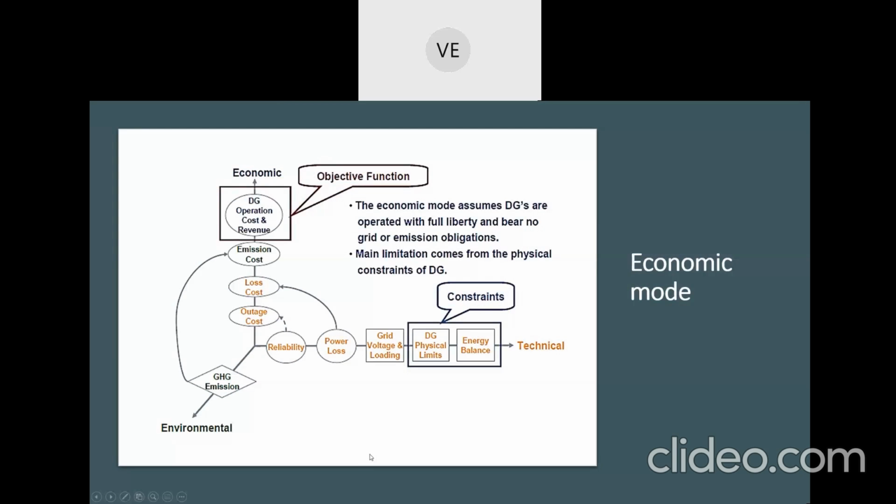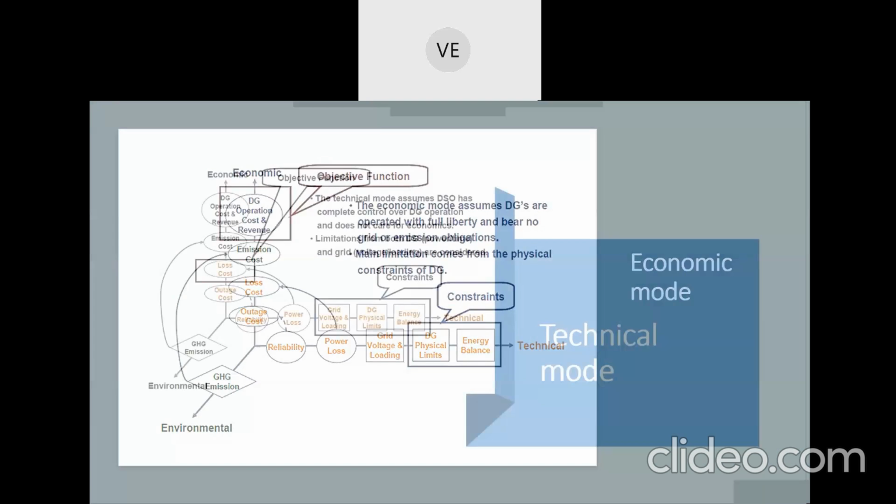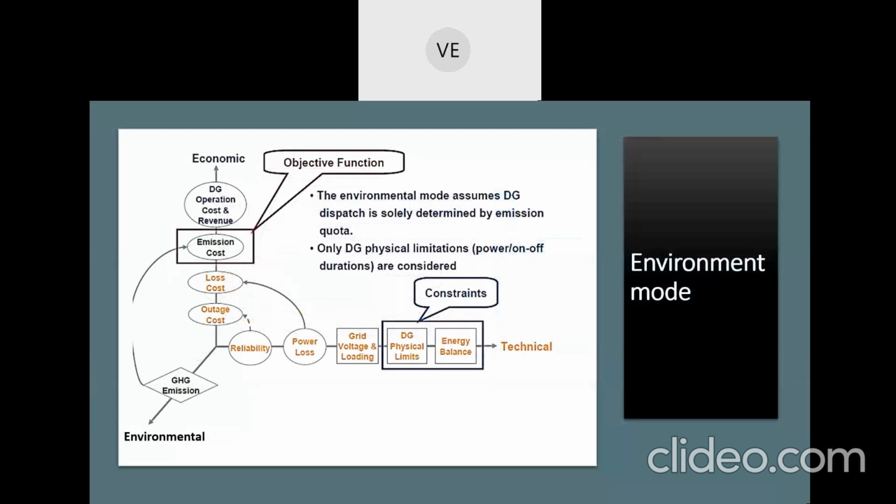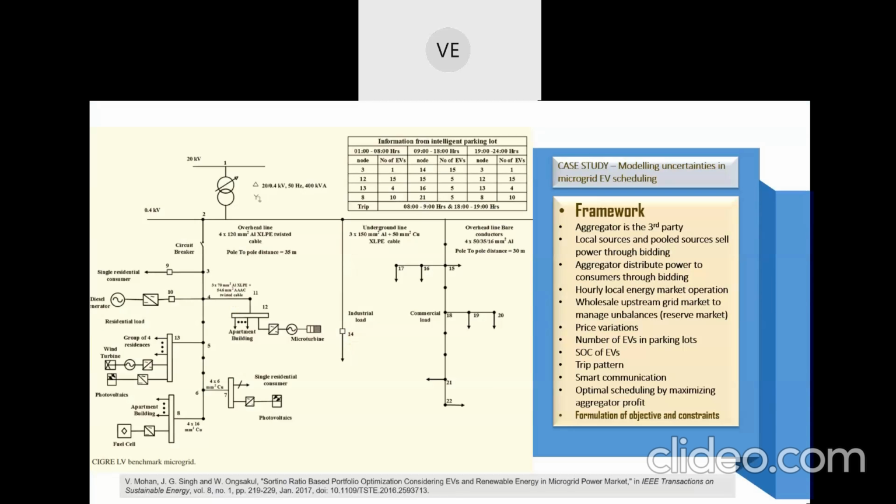Then the preferences of aggregators: whether the objective is economic or technical or environmental. Based on that also, that impacts the decision of purchasing EV. Then we had discussed the CIGRE LV benchmark microgrid system, in which 3 feeders are there, and the routine schedule is given here.